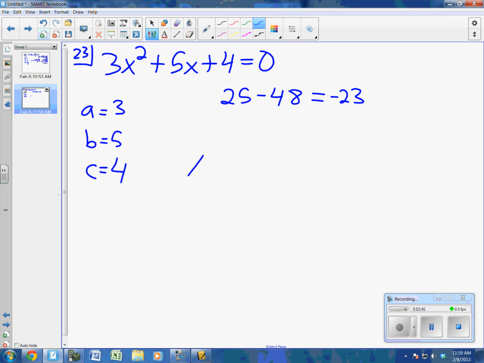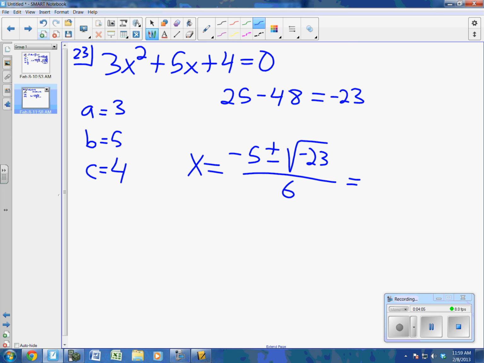So let's plug it into the quadratic formula. X equals negative b, which would be negative 5, plus or minus the square root of negative 23 all over 2a, which would be what? 6. Okay. But does 23 simplify? Square root of 23?